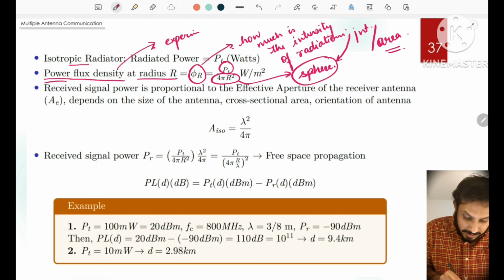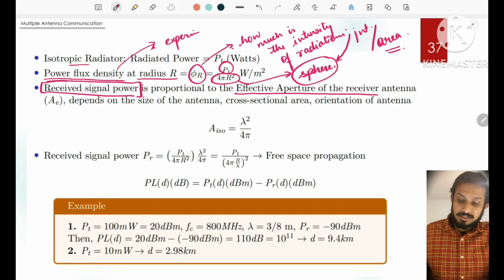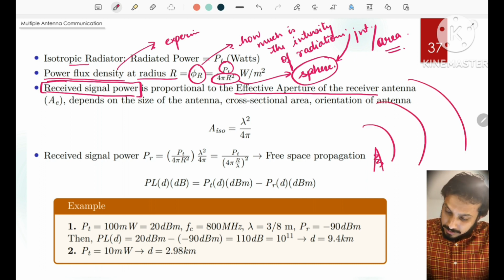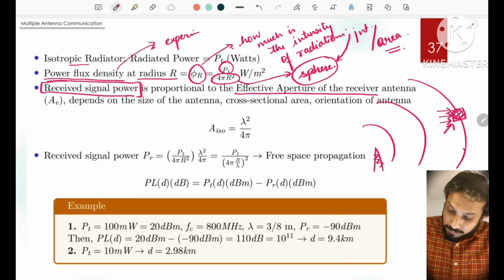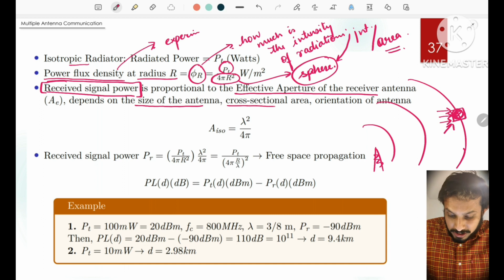and the received signal power is proportional to the effective area of the receiver. This can be understood like this. If we have a transmitter and the signal is radiated, and we have a receiver here, how much power is intercepted by this receiver depends on the effective area of the receiver, which in turn depends upon the size of the antenna, its cross-sectional area.